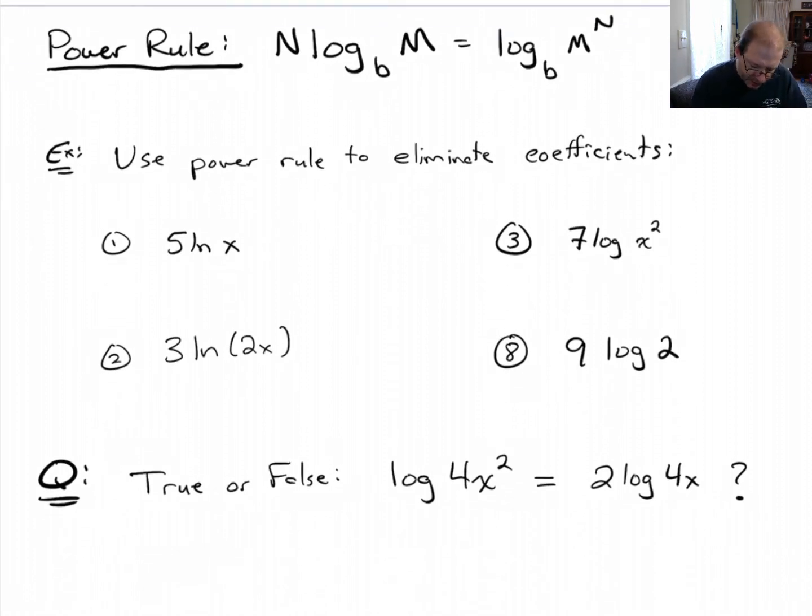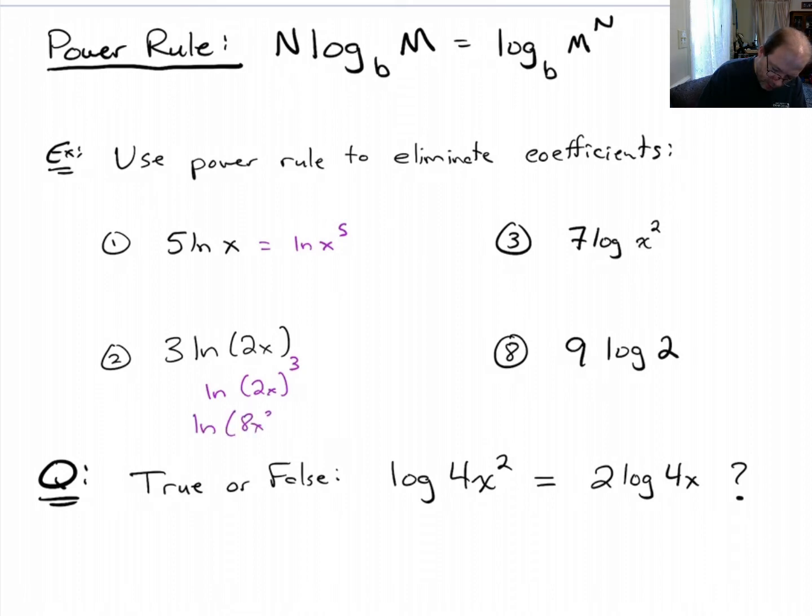So let's eliminate these coefficients. 5 natural log of x, that's natural log of x to the 5th. All right, number 2 here, 3 natural log of 2x. Well, no point in recopying that. The 3 moves up top, so this is natural log of 8x cubed.